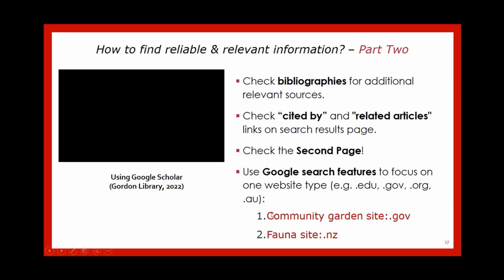Check the second page of results. We all know, doing a Google search, second page, you're just into junk at that point. So who really often checks the second page? But when you're searching through the library resources, if you're searching through our search box, if you're searching through one of our databases, you're searching in the right places to find academic sources.